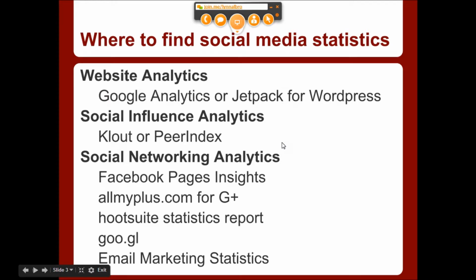We're going to talk about social influence analytics. I use Klout primarily. I'm signed up for Peer Index. I don't get as much benefit out of Peer Index, but I just wanted to include it because it's also available. And we're going to talk about social networking analytics, and I'm going to go into Facebook Pages Insights.